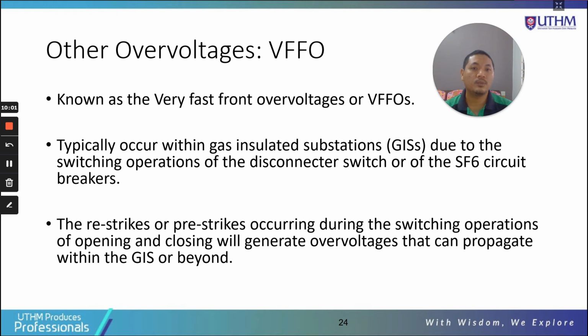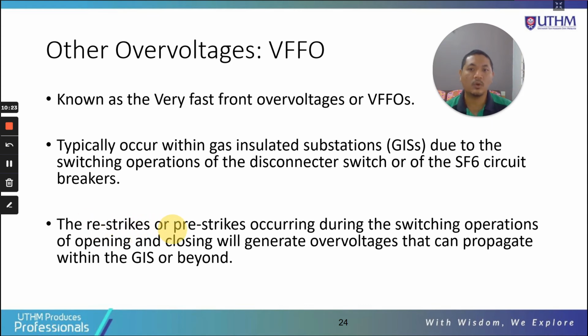However, if the switching happens in a gas insulated substation, this will cause a different type of overvoltages, which is very fast front overvoltages. Okay, it happens in less than 100 nanoseconds.